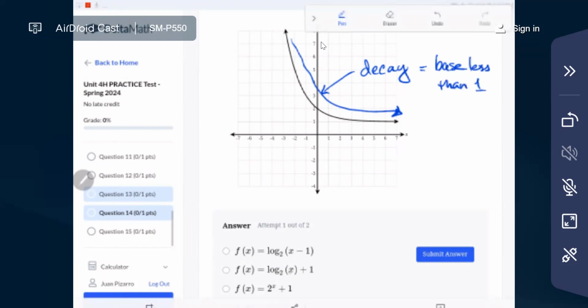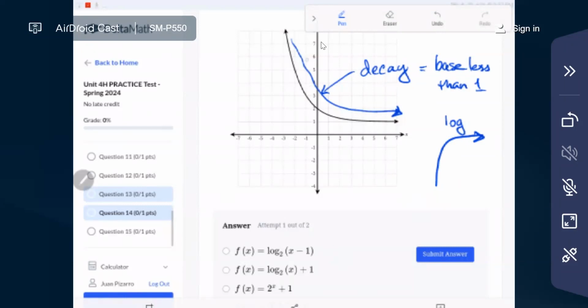If we look at our answers, well, I kind of obliterated the answers. But we have our base is less than 1. The other thing to notice is that log graphs look like this. This is a typical log graph, and this graph does not look like that.